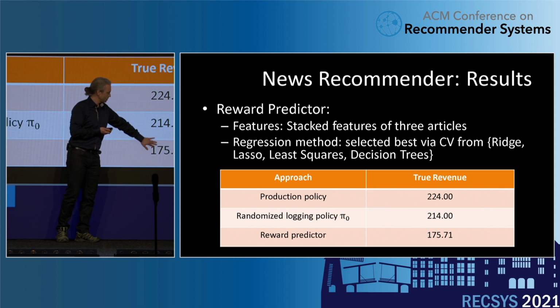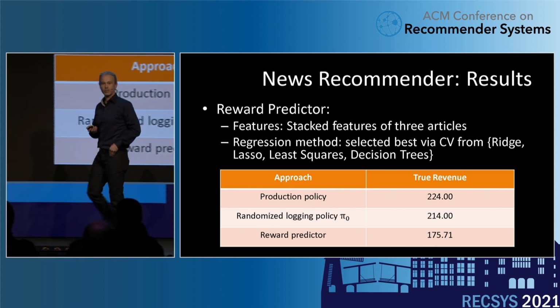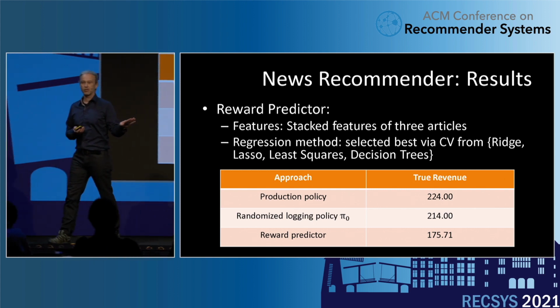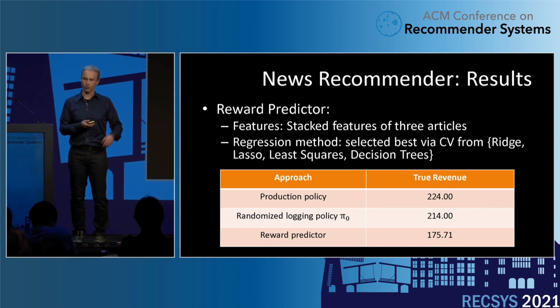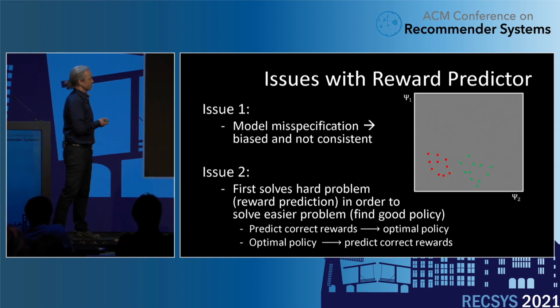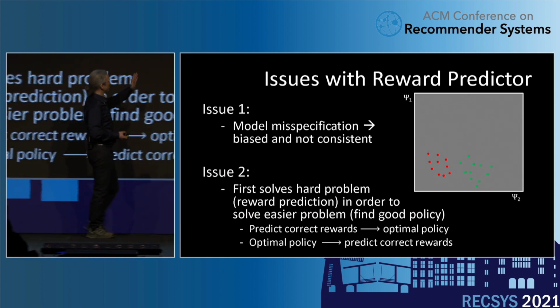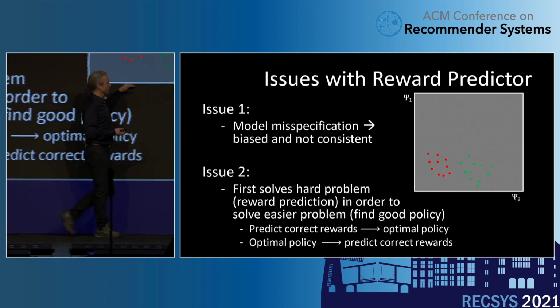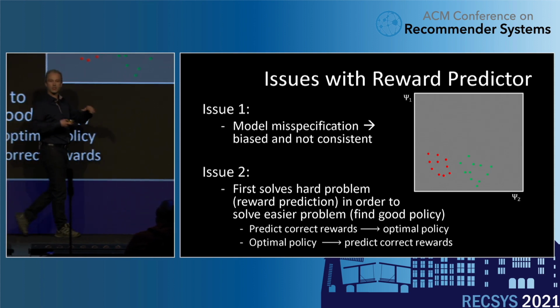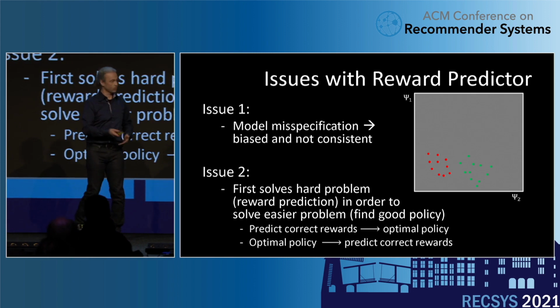And that doesn't have to happen. I've set it up this way. It can actually work, but if it doesn't work, what could be the reason for this? Well, one reason is that we've come up with these 2 features that we give into our regression model that let us learn a reward predictor.